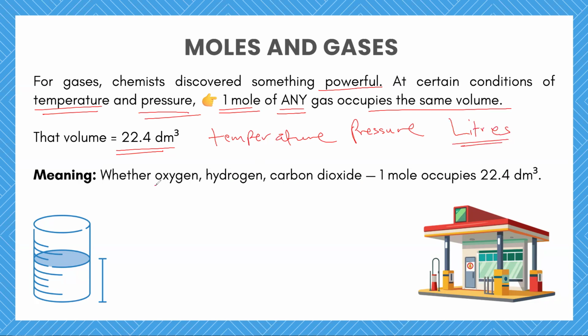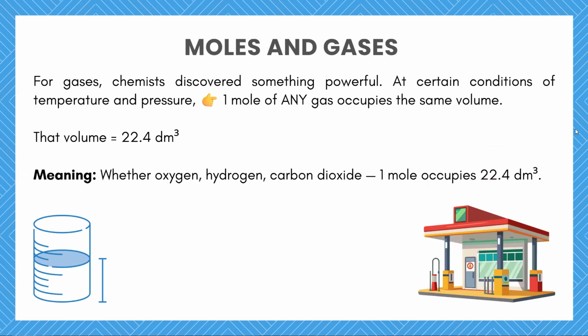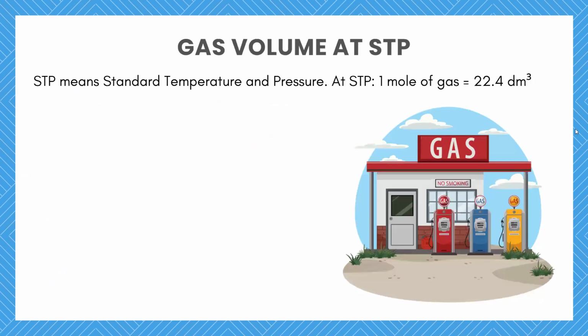So whether it's oxygen, hydrogen, carbon dioxide, whatever gas it may be, as far as it's a gas and it is under certain conditions of temperature and pressure, I'll be telling you what that is, 1 mole of a gas occupies 22.4 liters or 22.4 dm³. So what's that condition?